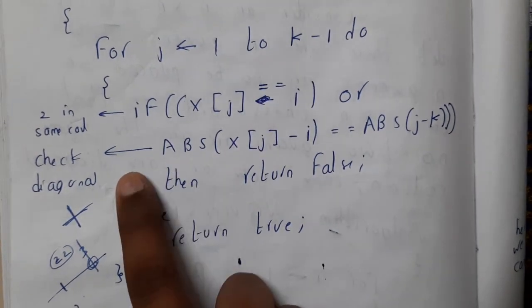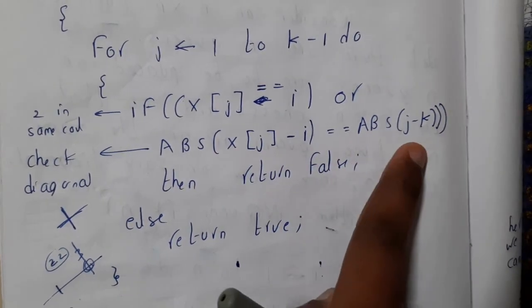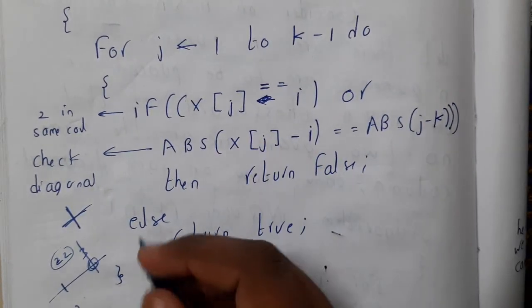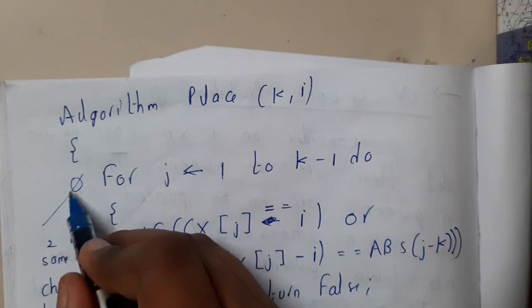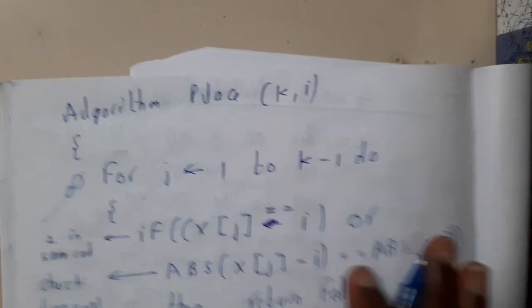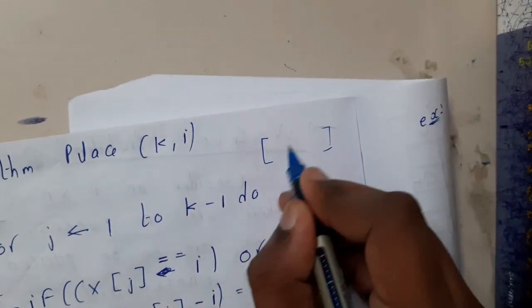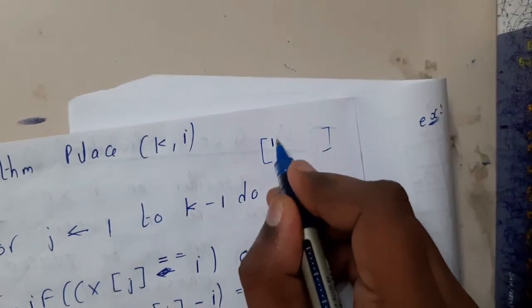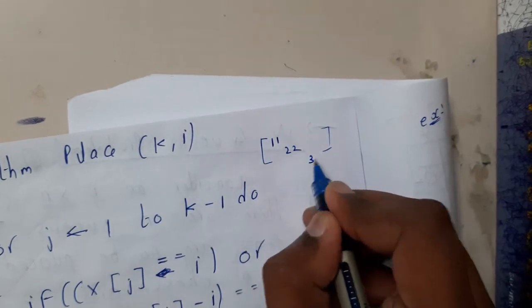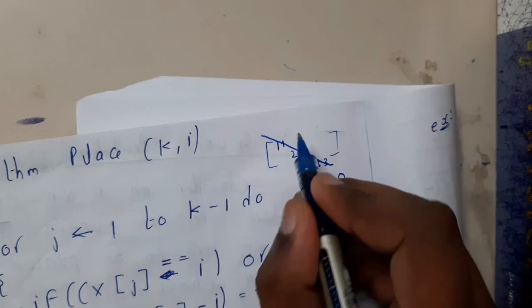And absolute of x of j minus 1 is equal to absolute of k minus 1. So this indirectly says that for the diagonal, the result of subtraction is equal to a constant between both of them. So assume that if you know the matrix, if you have done any kind of programs or algorithms on matrix, you will have this idea guys, 22, 33. If you notice here, for all these values, the value will be 0 if you subtract them.